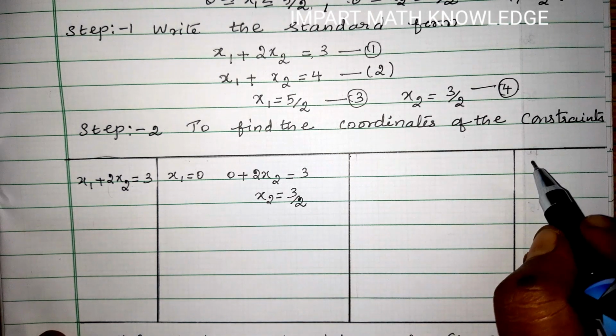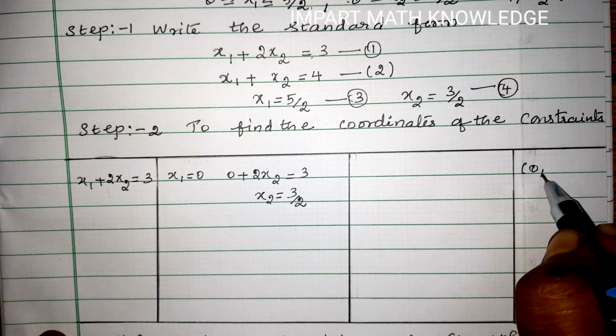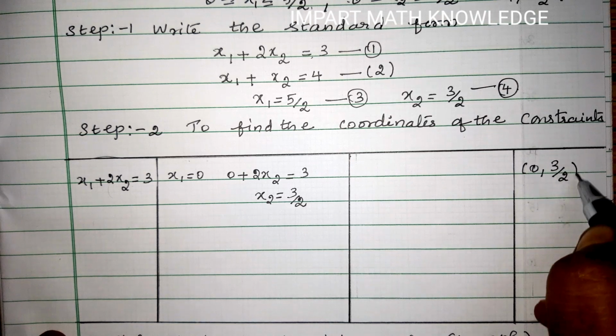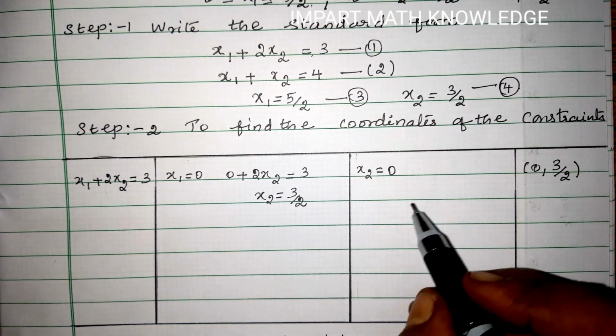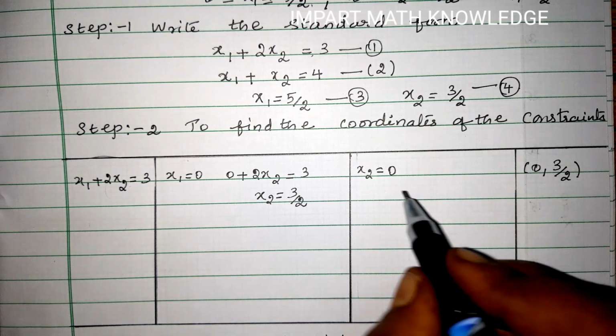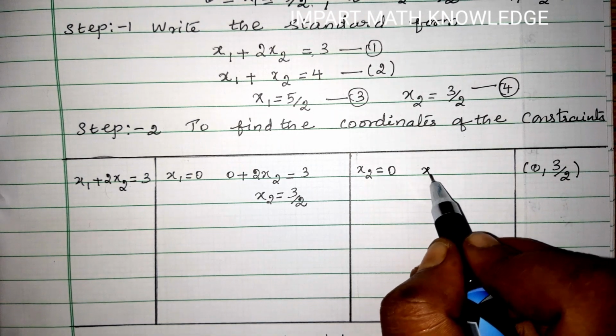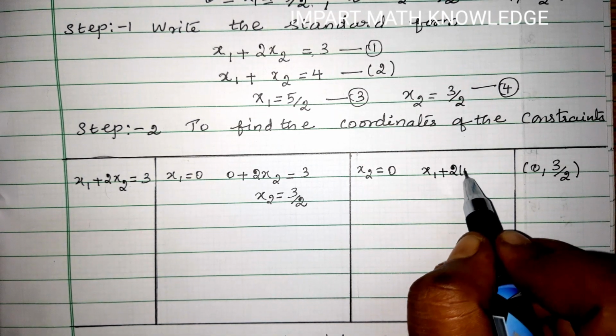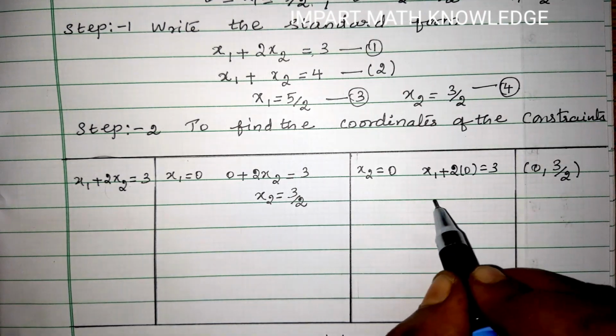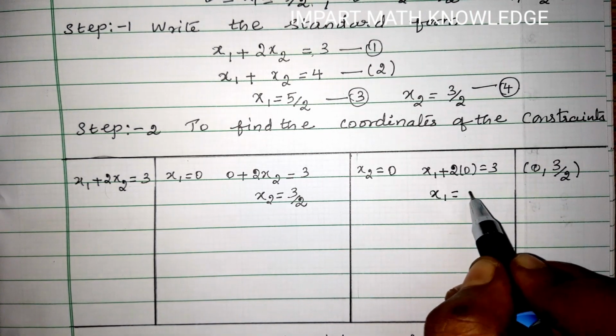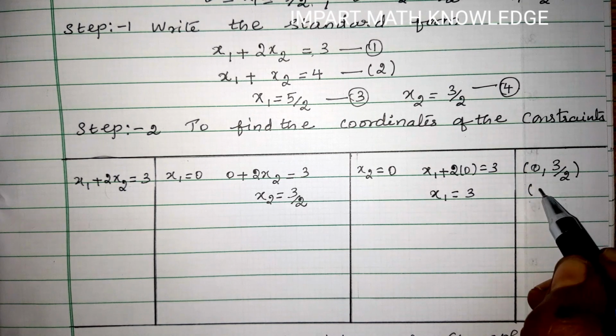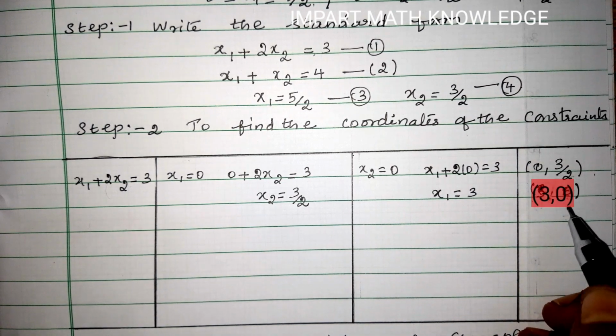So the coordinate is 0, 3 by 2. In the same equation, I put x2 is equal to 0. Then it becomes x1 plus 2 into 0 is equal to 3, that is x1 is equal to 3. So the coordinate is 3, 0.